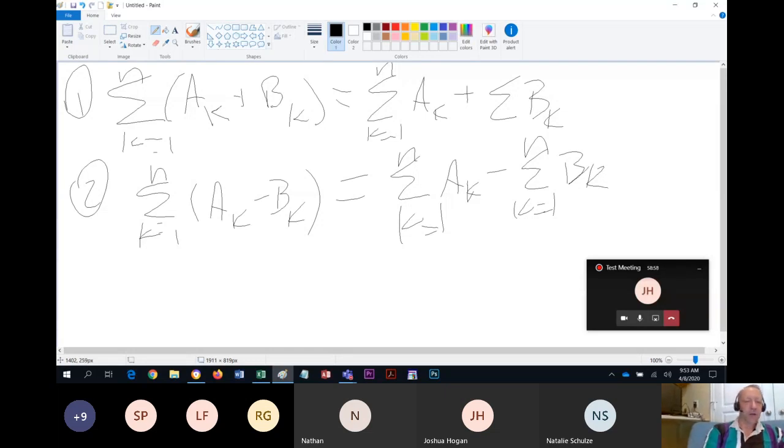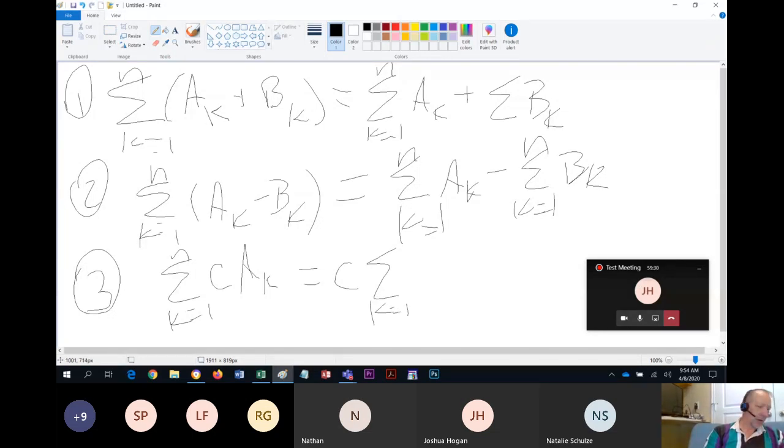You can distribute your summation sign. Rule number 3 is that if I have some sum from k equals 1 to n, now c is going to represent some constant like 3 or 4, c times some sequence a sub k, you can actually pull that c out and it'll be c times the sum of k equals 1 to n of a sub k.